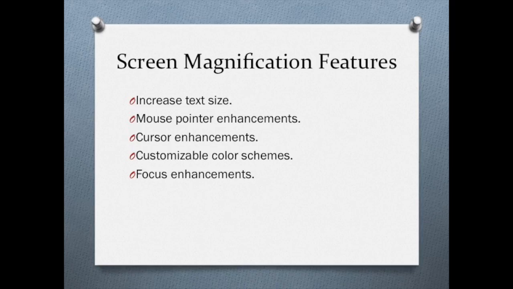Now that I've given you an idea of what the major software packages are, we can talk a little bit about features. When you're just losing your vision and you still have some vision, you are going to want to use screen magnification because it will enlarge the text size on your computer. There will also be cursor and mouse pointer enhancements, since it's often really hard to find that little blinking line when you're trying to type.